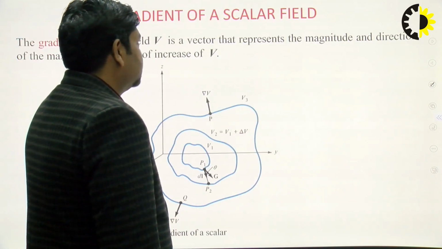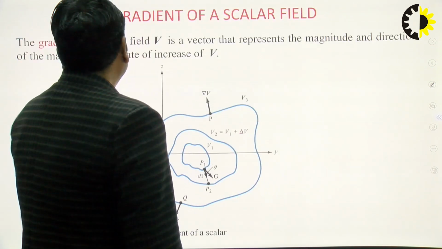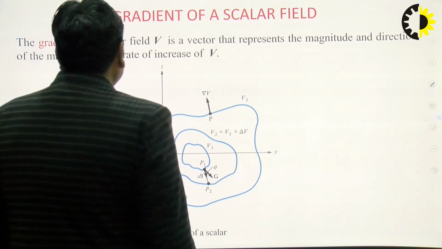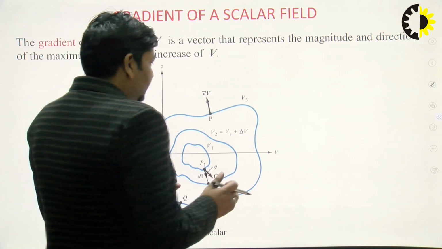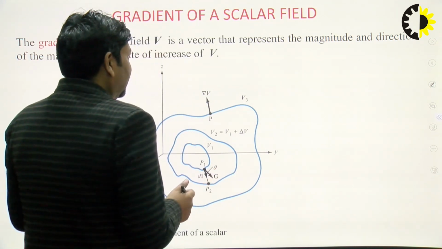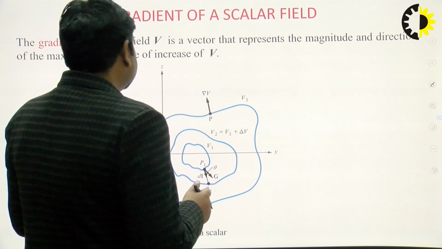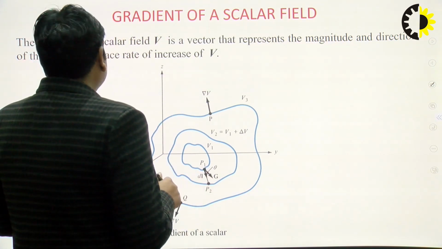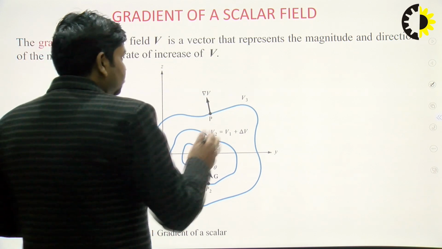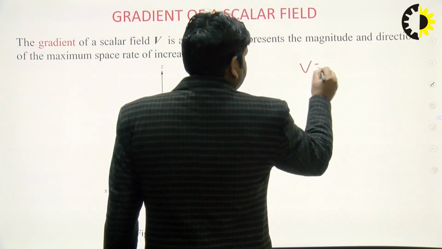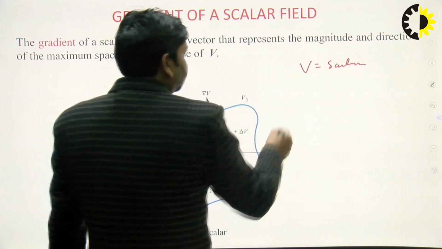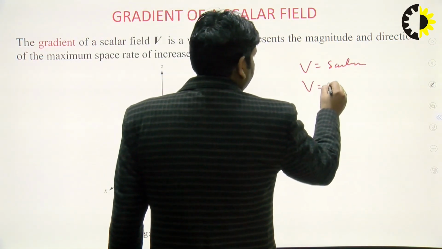So first, what is the meaning of a gradient? The gradient is always taken of a scalar field, and the output is a vector field. Suppose V is any scalar field. In terms of electromagnetics, suppose V is a voltage.